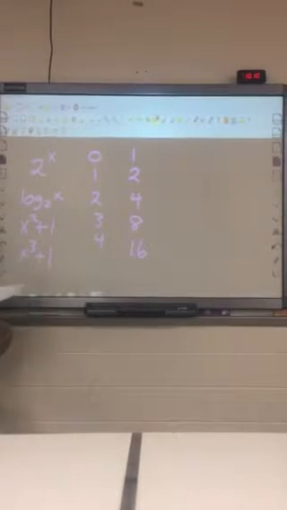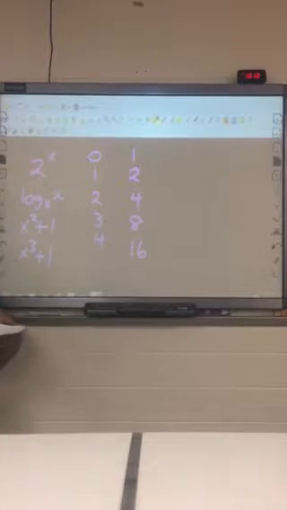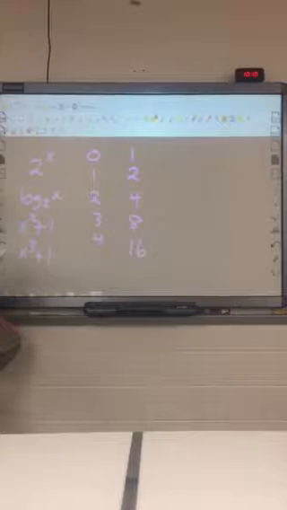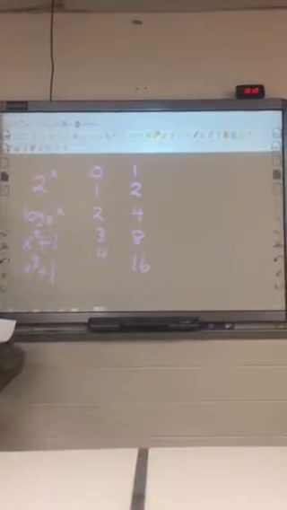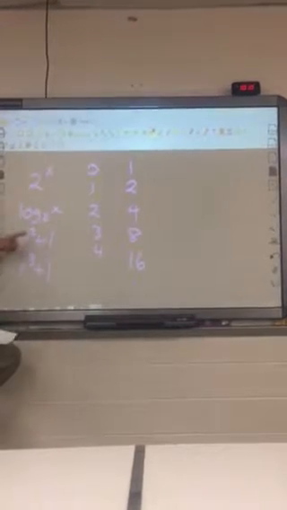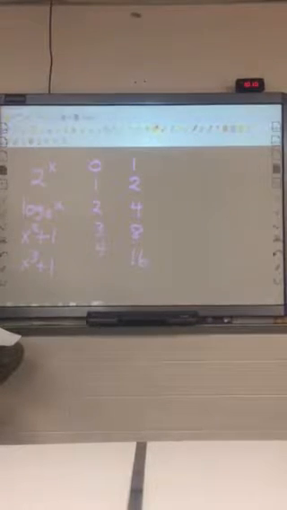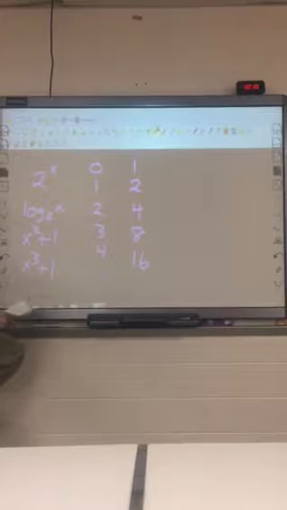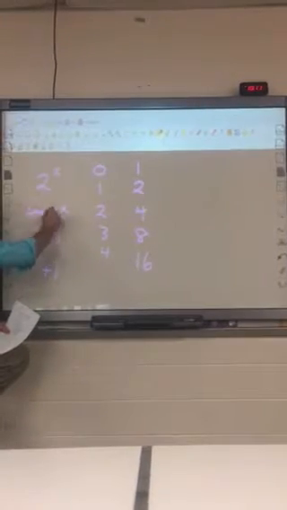If I look at the very first one, x equals 0, log base 2 doesn't work for that.